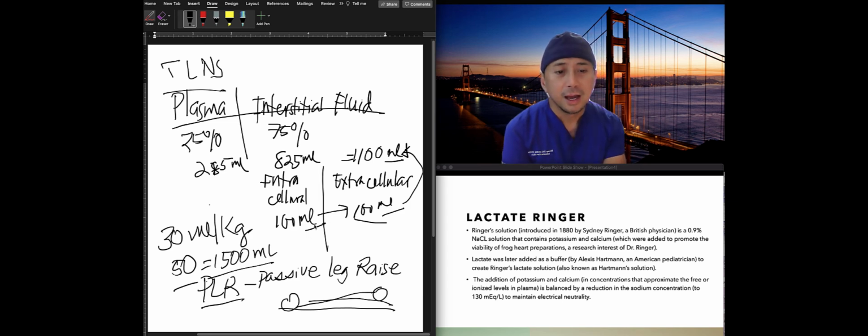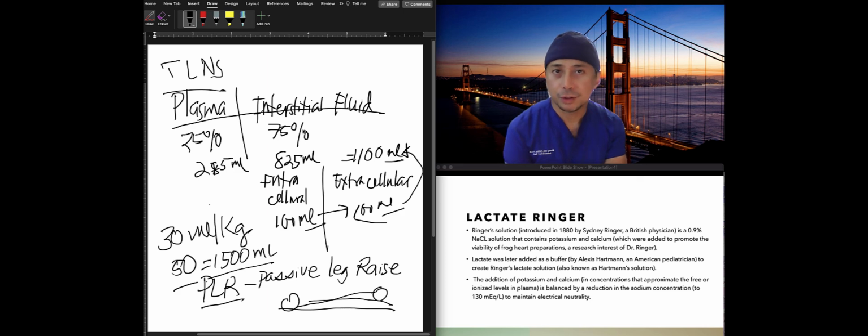Okay. All right. So PLR is a passive leg raise. When you do your SBAR, you call the doctor and say, hey doc, I have a patient who is hypotensive right now, and what is the background? Tell them.